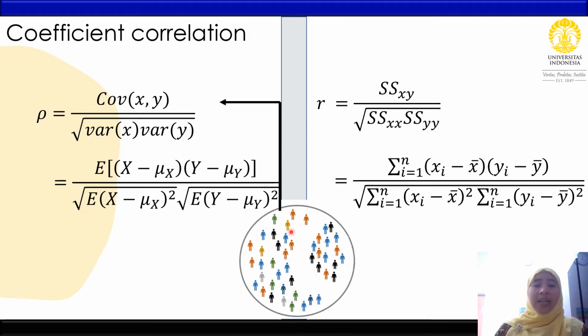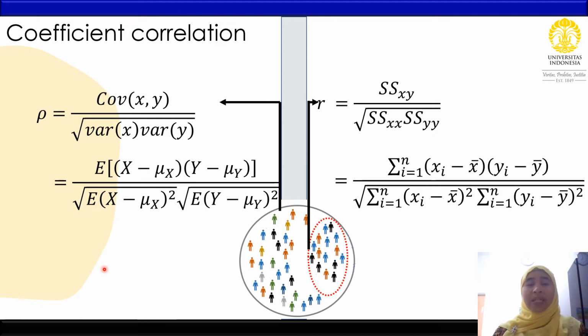So let's say here we have the population in which we measure x and y. So the rho here on the left side is the formulation for the correlation for population data. However, as we already learned in previous videos, it's really hard to get population data in some applications.